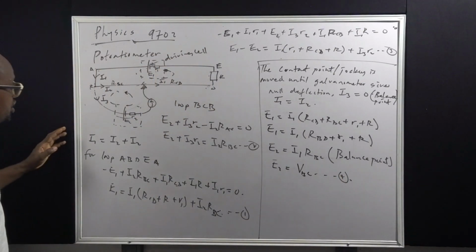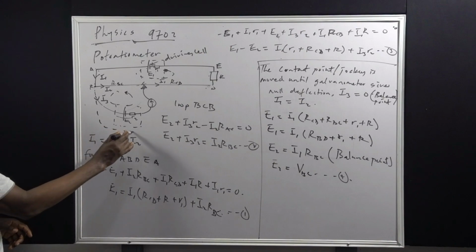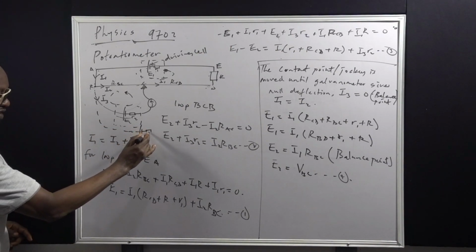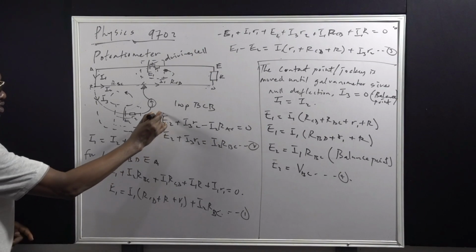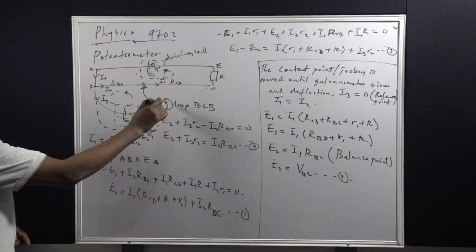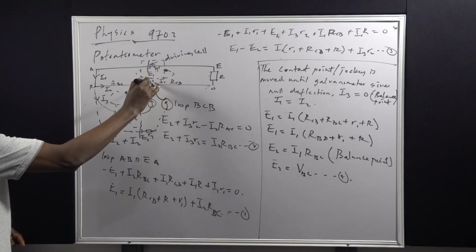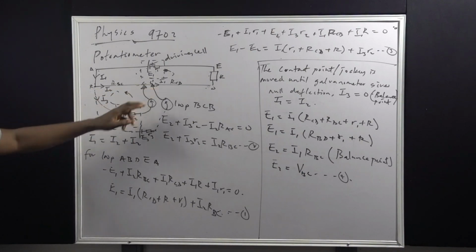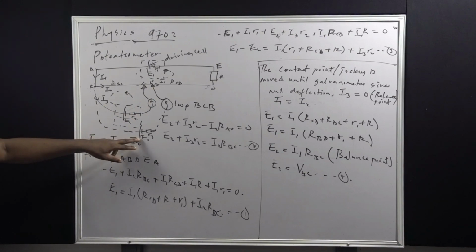So I can also say, replace this with another battery of EMF E3 having internal resistance R3 connected to the galvanometer again, and it moves until it gives a null deflection at contact point C prime. When it gives a null deflection at contact point C prime, that means that the PD across BC prime is balanced by the EMF of the battery E3.